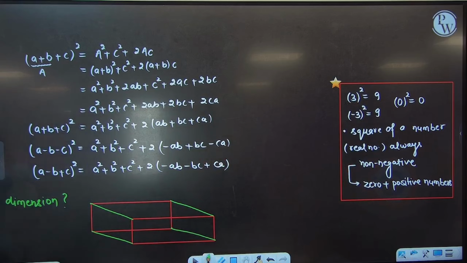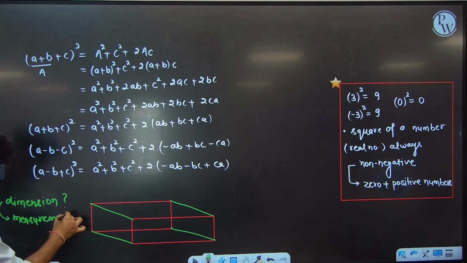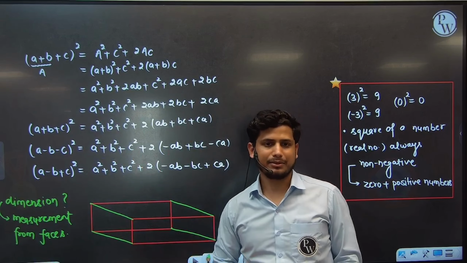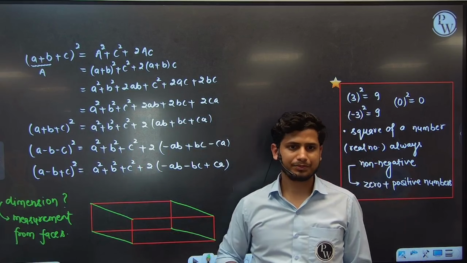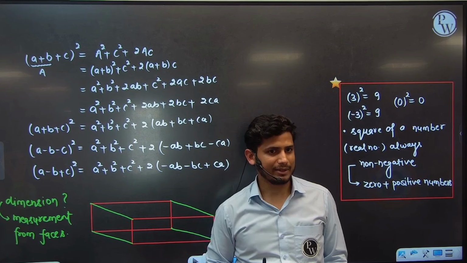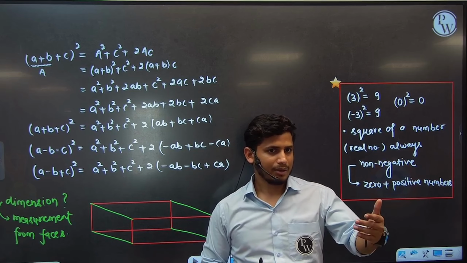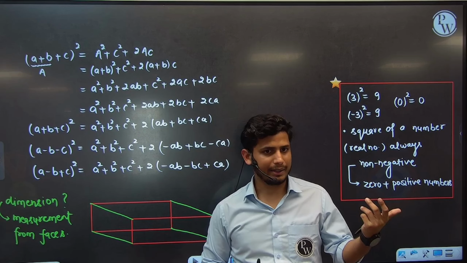Dimension is simply measurement from faces. In this room there are 3 dimensions: length, breadth and height.